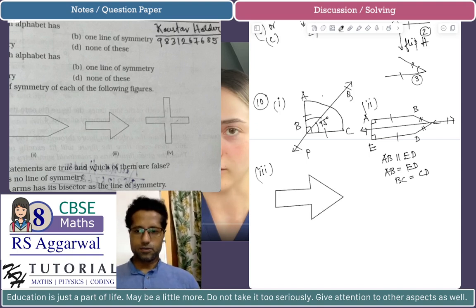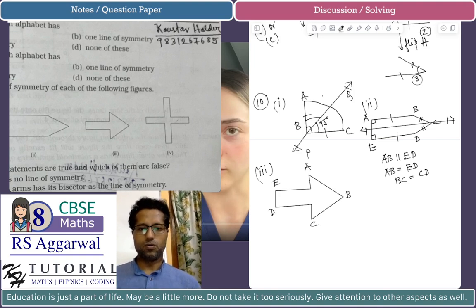So definitely it will have a line of symmetry. If we name this A, B, C, D, and E, what are the characteristics of this figure? This is a right angle, and this is equal to this, and this will be equal to this.